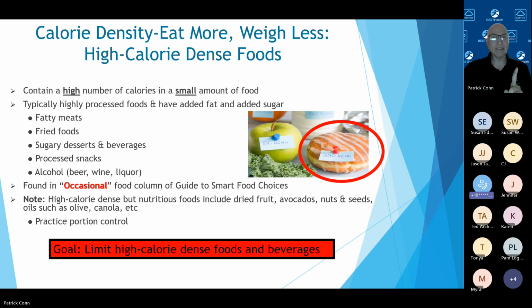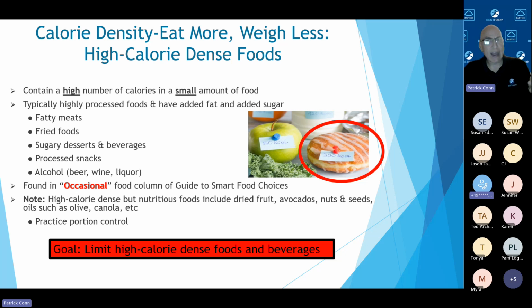Now, it's important to note that you do have some high calorie dense foods that are very nutritious, which includes dried fruit, avocados, nuts and seeds, and oils such as olive oil, canola oil, any of those liquid, plant-based oils.